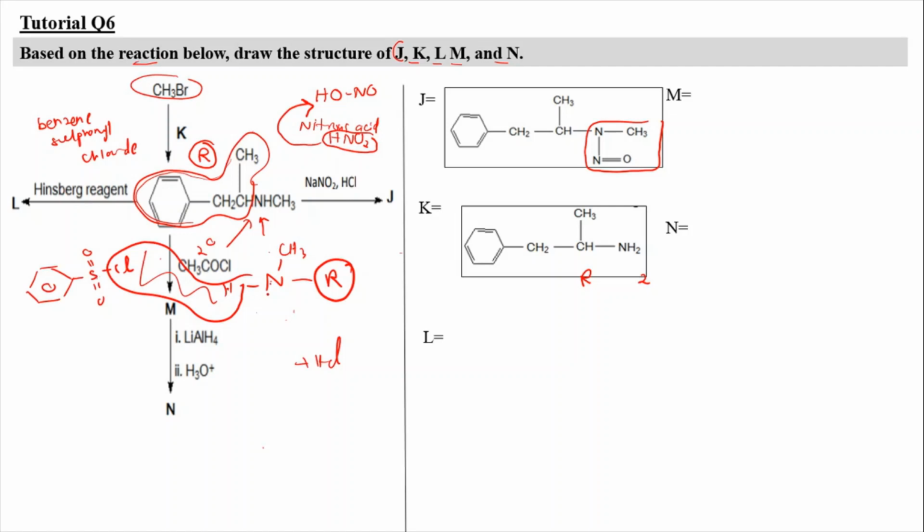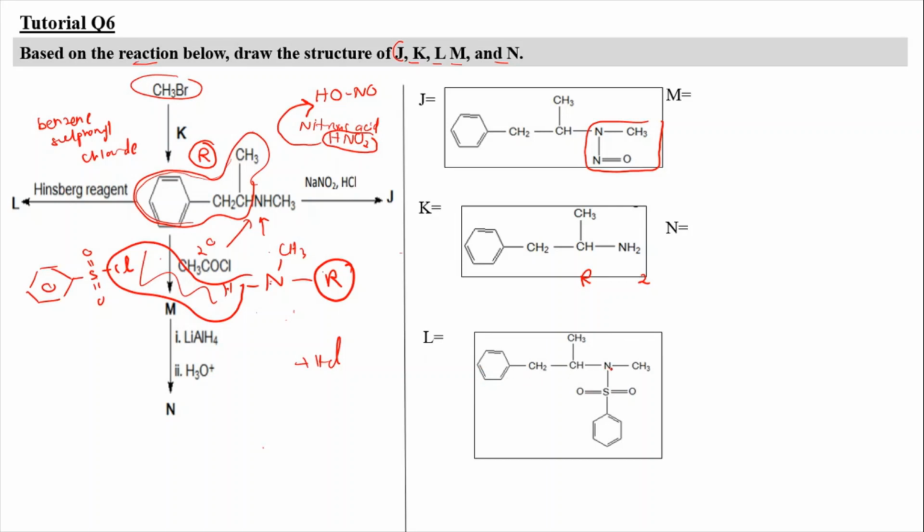Okay, so we will get N CH3 bond with S double bond O, and the benzene ring, and the R just copy back again. Okay, so you're gonna get something like this. Okay, so this one is the R group, and then NCH3, and then N gonna form bond with S double bond O, benzene, the benzene group here. Okay, so that's for the structure of L.